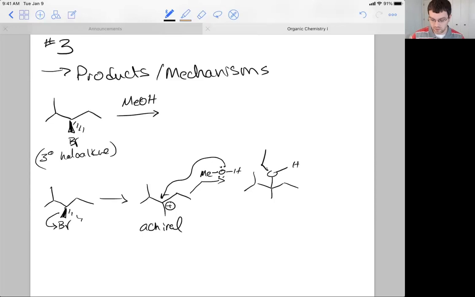I'm just going to avoid drawing wedges and dashes on the chiral products that result because we don't get a single enantiomer. Now what happens after methanol adds, oh gosh, I didn't draw methanol, I drew ethanol. I'm going to be consistent with my labeling of Me. After it adds, it's going to lose a hydrogen through a deprotonation event that is different from the one that results in the E1 reaction, to give rise to our SN1 products.